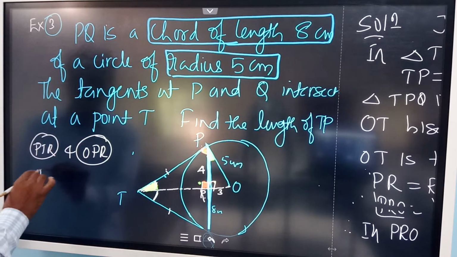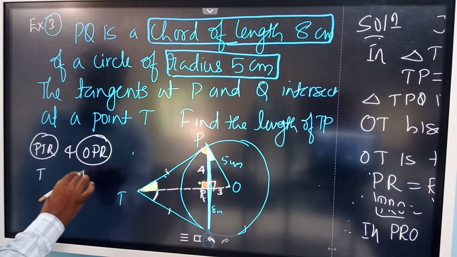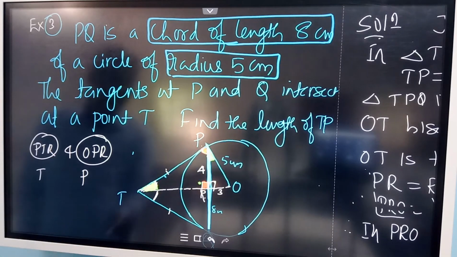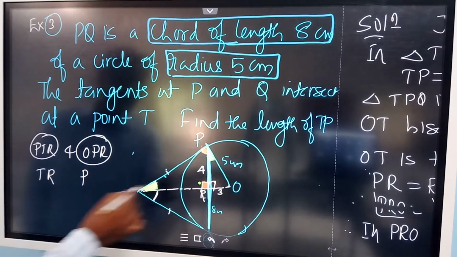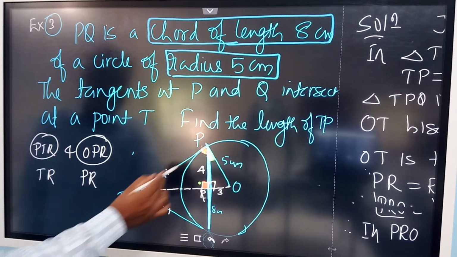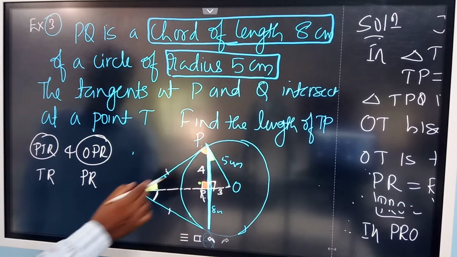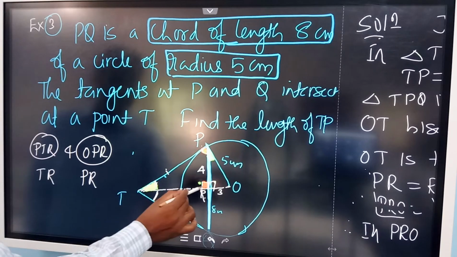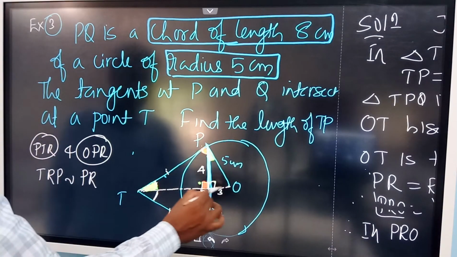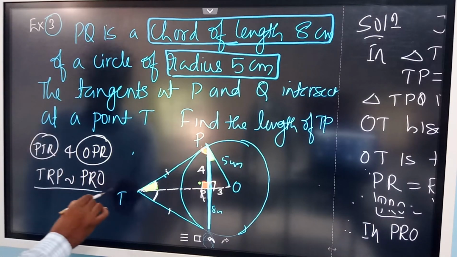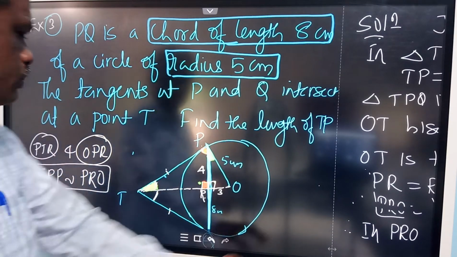So angle T is equal to angle P. Here angle T, here P. Here angle R only. So then what is left out here in TPR? So here we have taken T, R and then P is left out. So then here P, R, then O is left out. You can write TRP is similar to PRO.